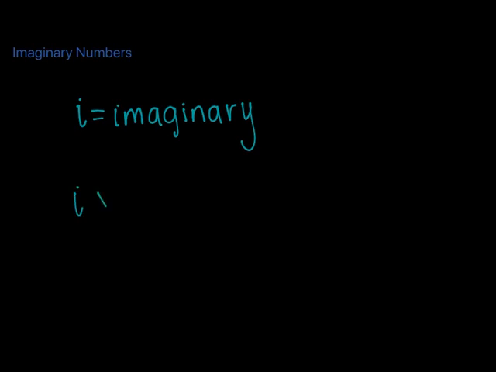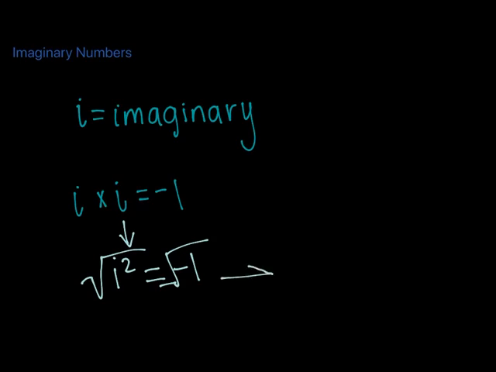Let's say I times I equals negative 1. How could this be? Since we have I squared equaling negative 1, to get I, let's take the square root of both sides. Therefore, I would equal the square root of negative 1.